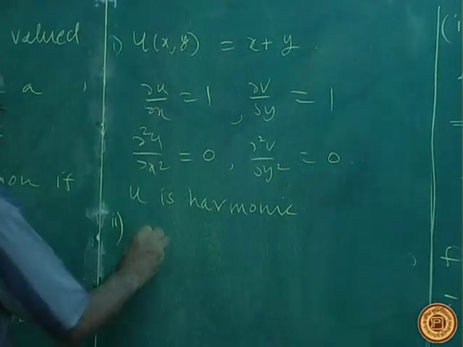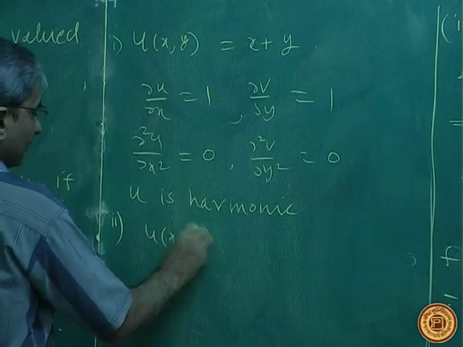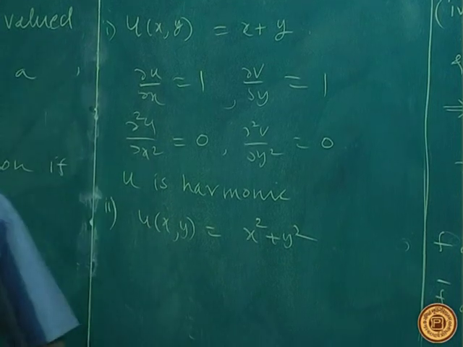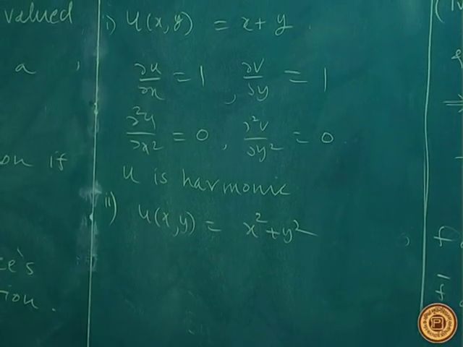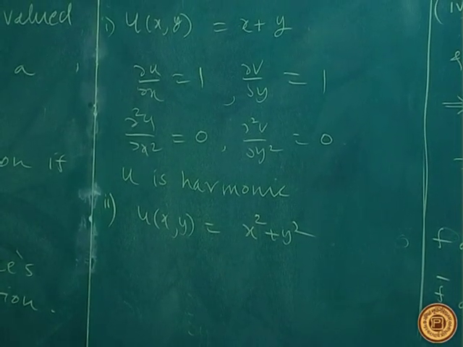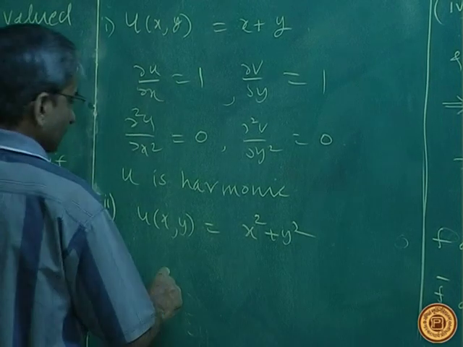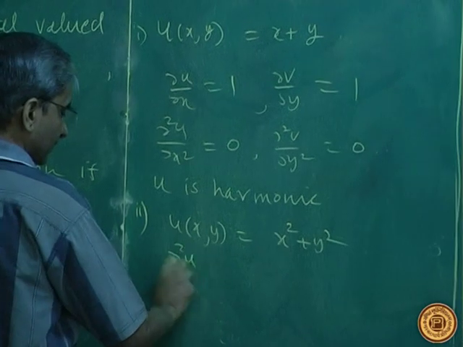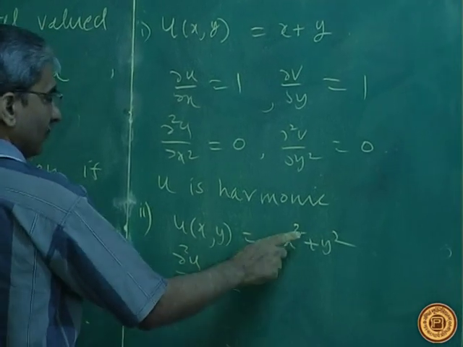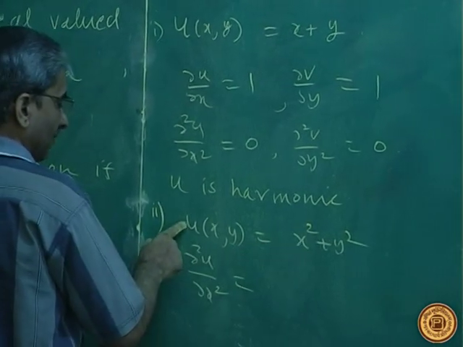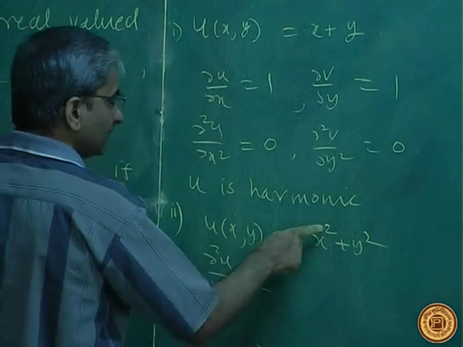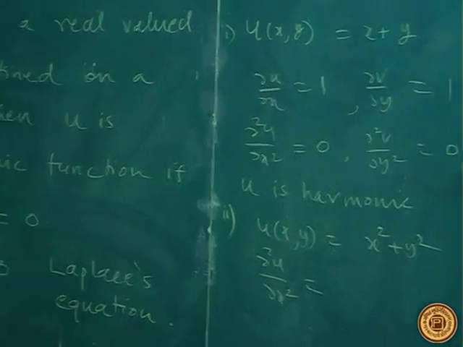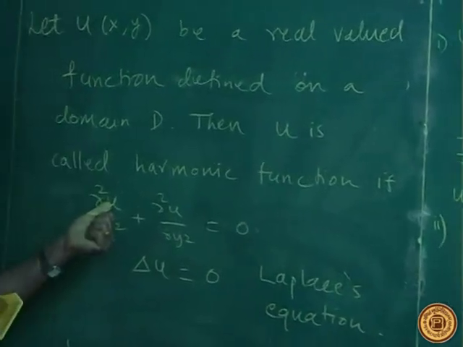If I take u(x, y) to be, say, x squared plus y squared, then what do you get? ∂²u/∂x². Can you tell me? ∂u/∂x is 2x, and it's again... Hope you know what these second order partial derivatives mean.